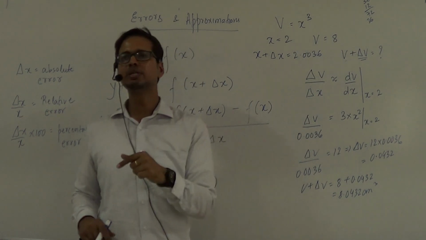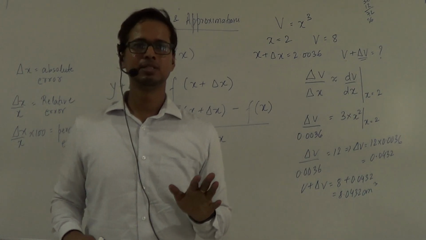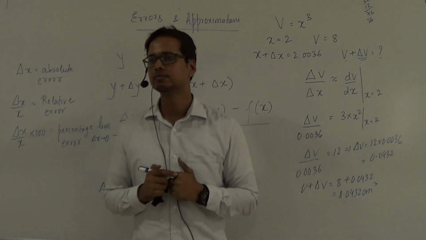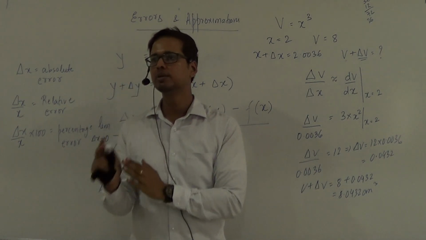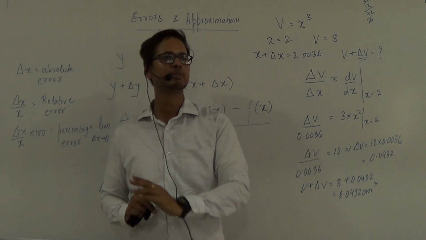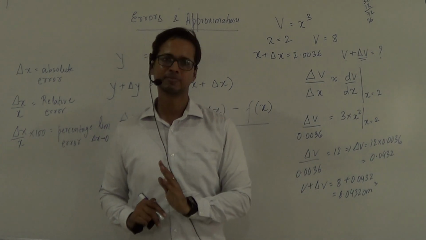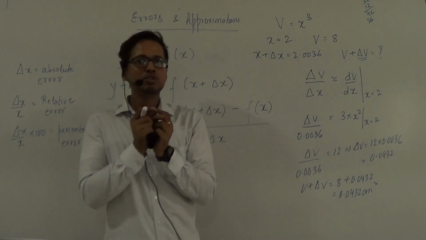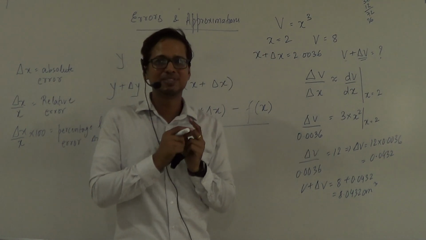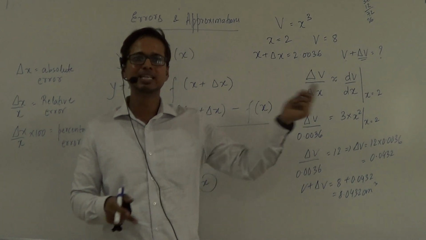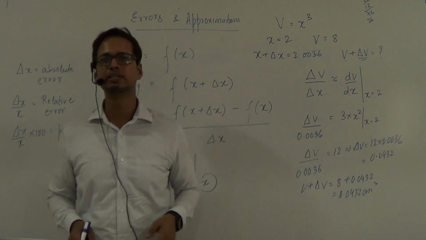So you do not put an external sign to it. Delta v or delta y will automatically come with its own sign. You always have to add it to the previous value. So it's always y plus delta y, it's always v plus delta v, it's always x plus delta x. Right? So many people ask, okay, now you knew that the cube is increasing, so you added it up. Had the cube been decreasing, you would have subtracted it. No, I still would have added it, but delta v would automatically come out to be negative.